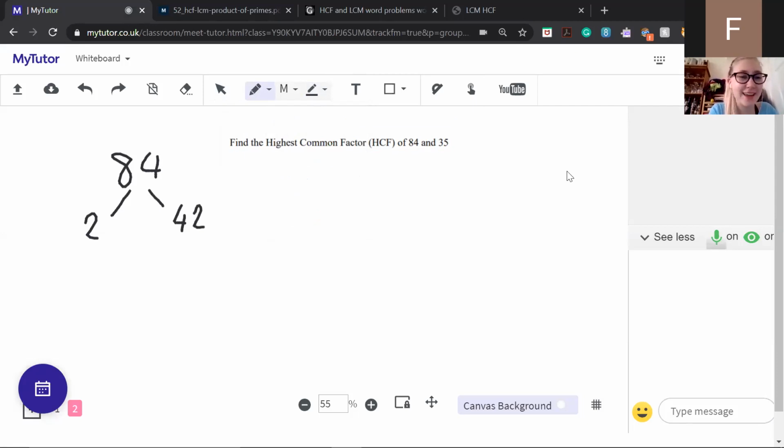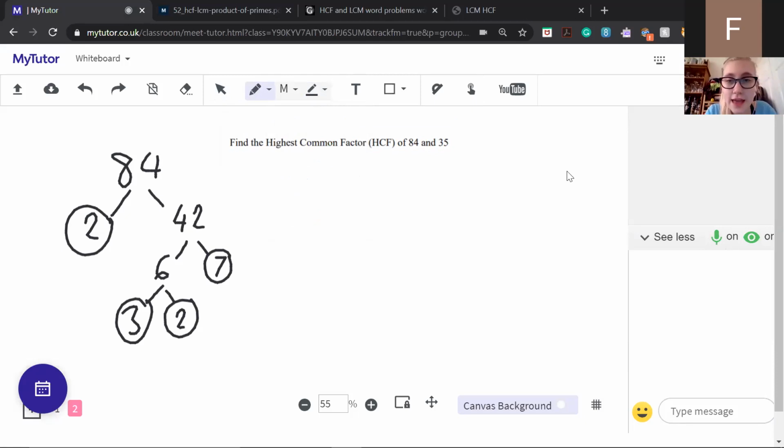Oh, this is one that we did at the beginning. And that 42, I can see is 6 and 7. And 6 is 3 and 2. And then 35, that's just 5 and 7. Those are primes straight away.